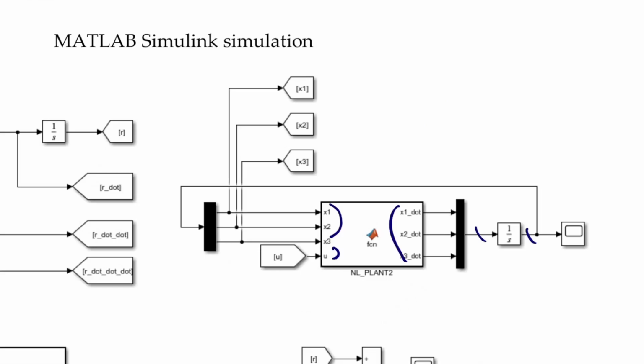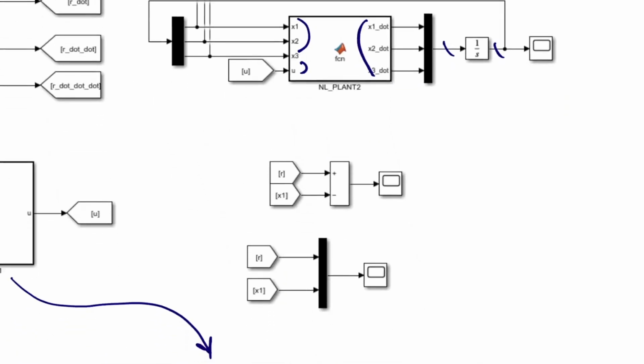This type of simulation block is something that we are familiar with. This is the reference signal and x1, and this is the reference tracking error. If we see that error signal converging to 0, that means everything is in order.